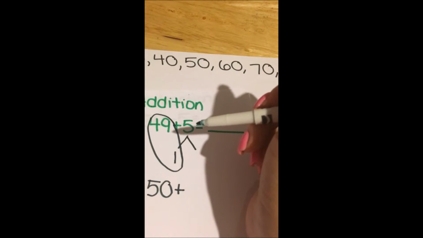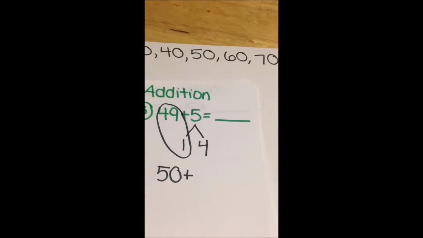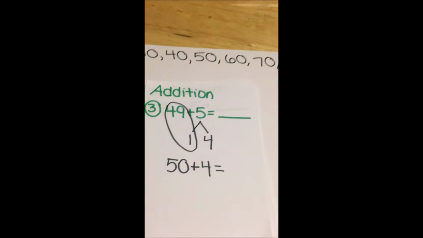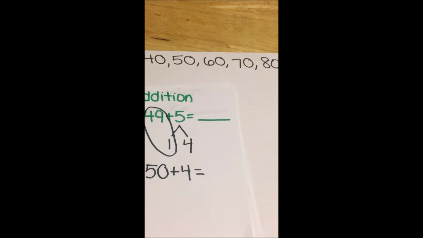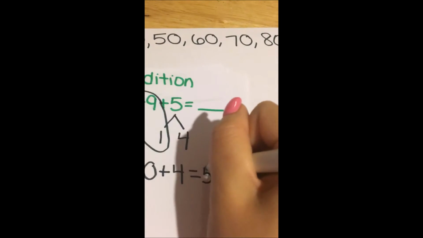Or what is 5 minus 1? If you said 4, you're right. We're going to bring down the 4. 50 plus 4 equals 54.